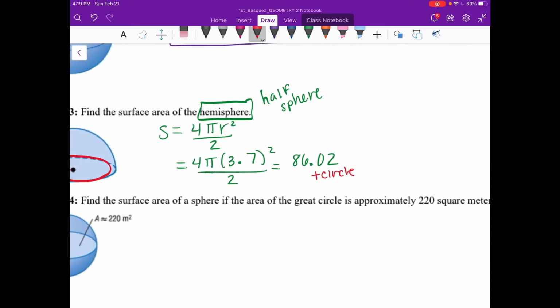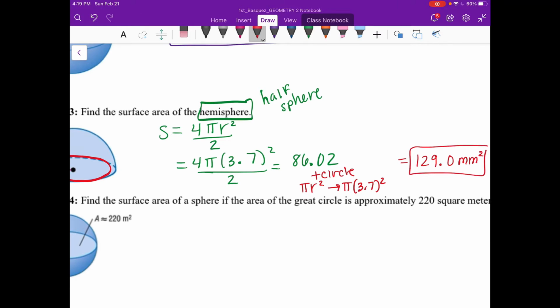To find the area of the circle, it's just pi r squared, right? In this case, that would be pi, the radius is still 3.7, and then squared. So all together, when I add both the above area, the hemisphere, and the flat surface, you should get 129.0 when you round. And these are millimeters squared.